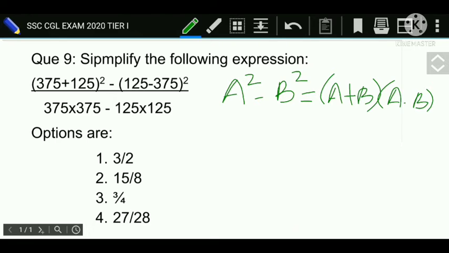So we will use this formula. Based on this, 375 plus 125 will be 500 and 125 minus 375 will be minus 250. So from here, 500 plus minus 250, minus 250 into a minus b.